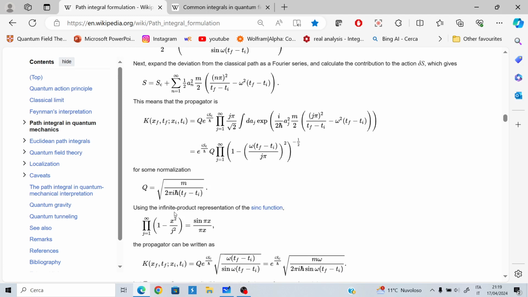And then Wikipedia uses the following very important expression, which tells us that the sinc function, which is this function here on the right, sine of pi x over pi x, can be written as an infinite product of zeros, basically. So these are polynomials of second degree, and we have an infinite product of them.